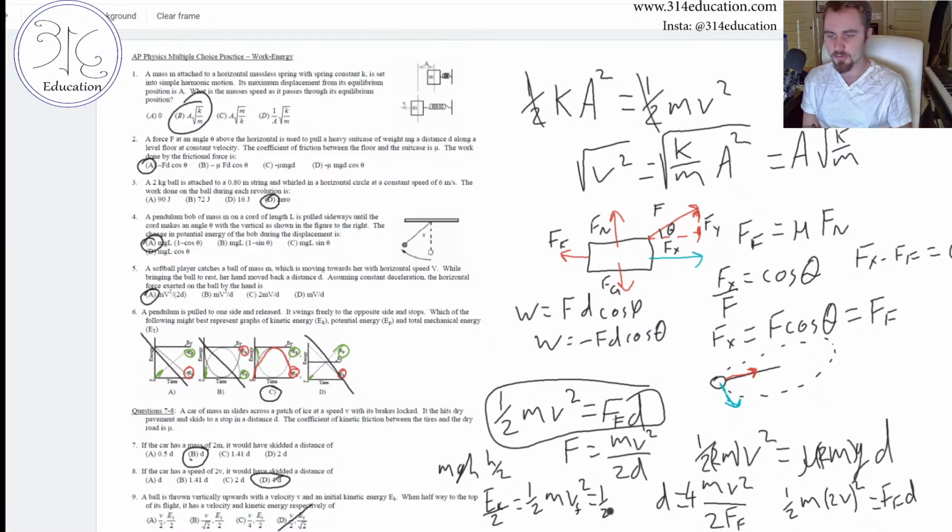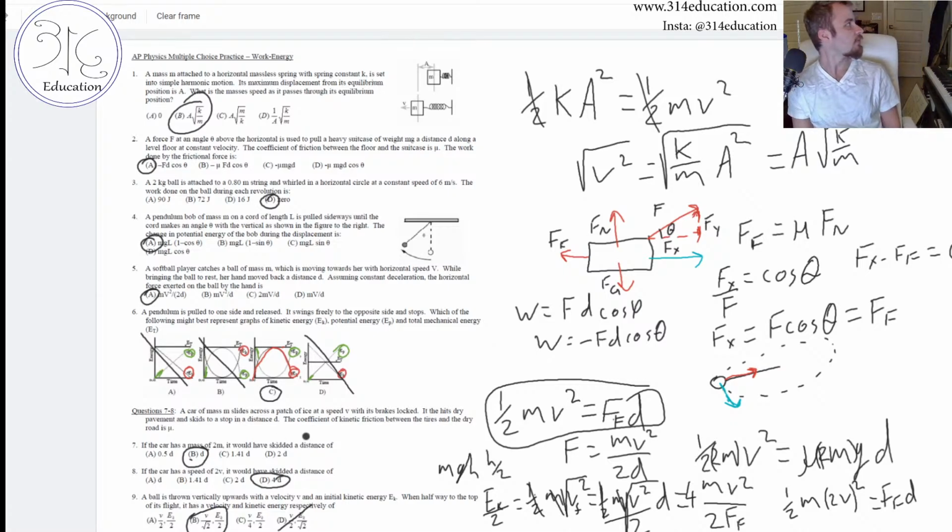This is going to equal our initial kinetic energy divided by 2. And so we can multiply both sides by 2, divide both sides by m, and then take the square root of both sides to get our final velocity, giving us v over the square root of 2, which is b here. Good. Any questions on those first few problems we got there?